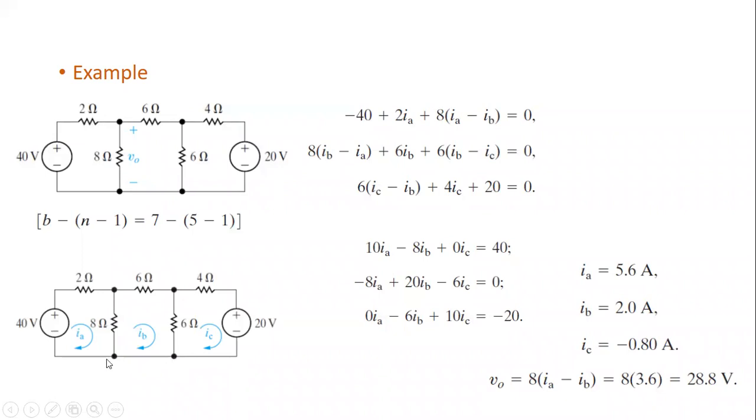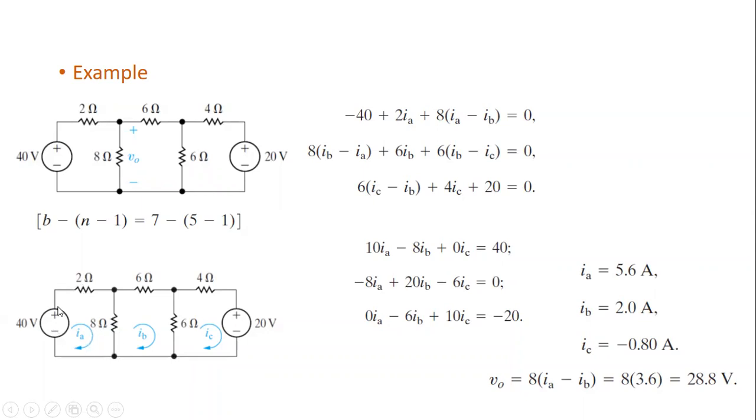How did we assign these meshes, please? Yes. Okay, and as I told you, you need to use the clockwise direction for the meshes, and you can use any numbering system. In this case, we have A, B, C. Now we need to write KVL, and we will start with this mesh.